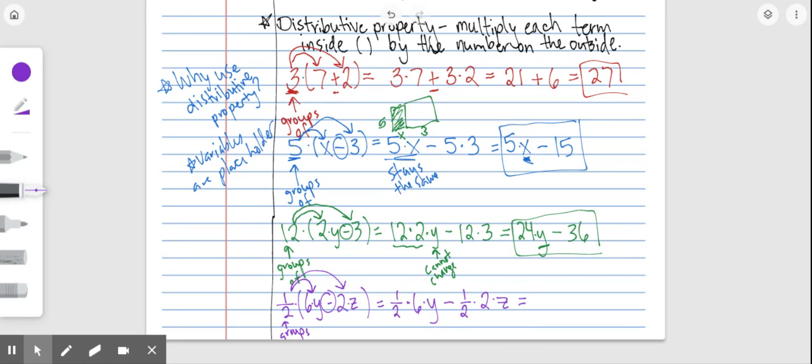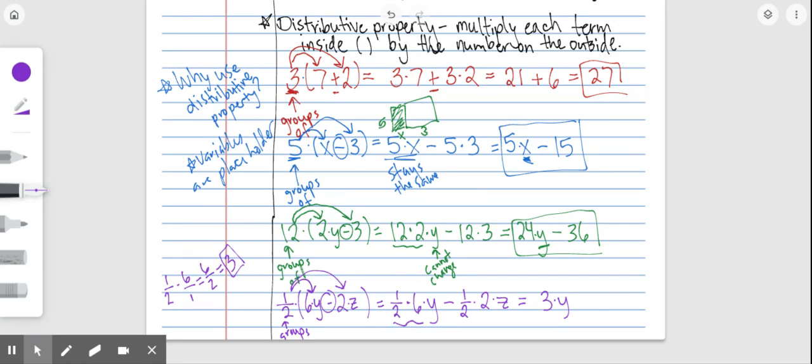Okay, and again, I'm going to simplify just like I did above. So I do the whole numbers together. Half of 6, or 1/2 times 6 over 1, is 6 over 2, which is the same as 3. Okay, so this becomes 3 times y, because remember the y stays the same.